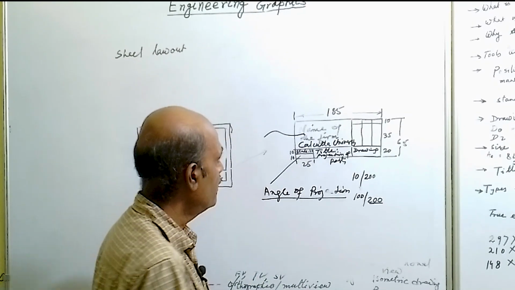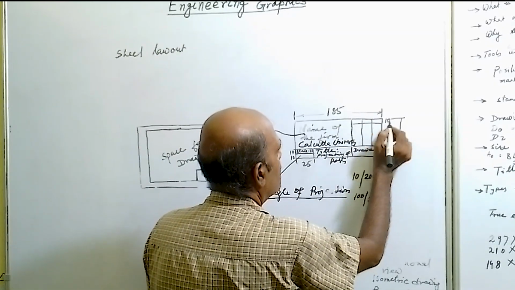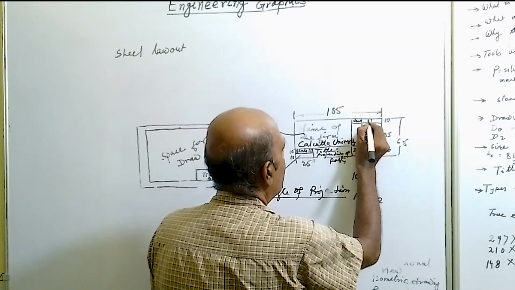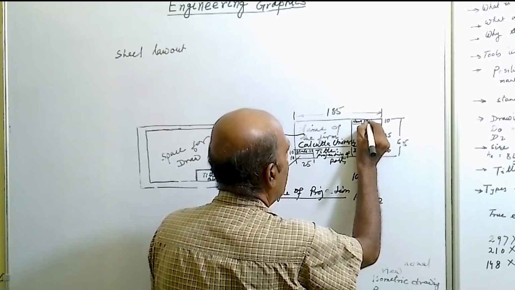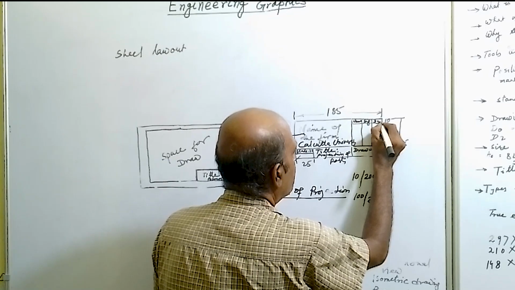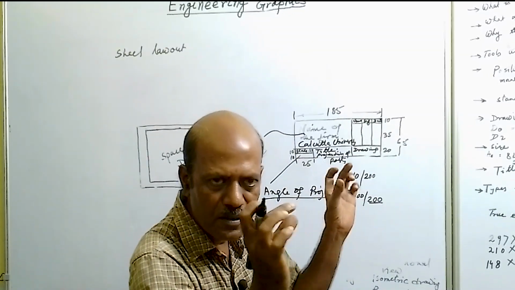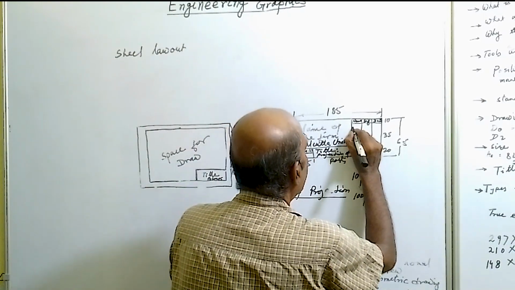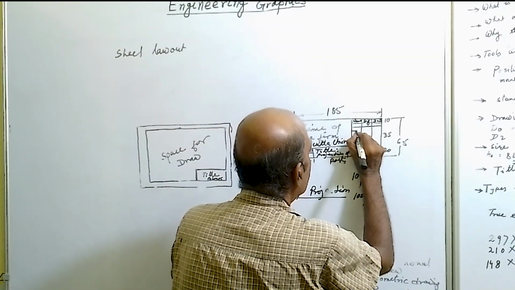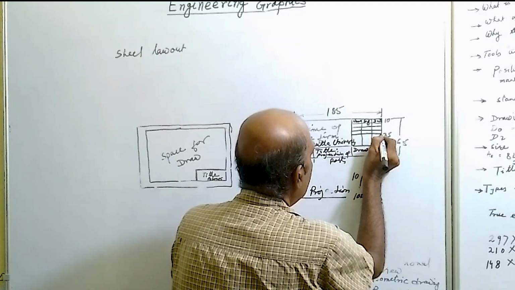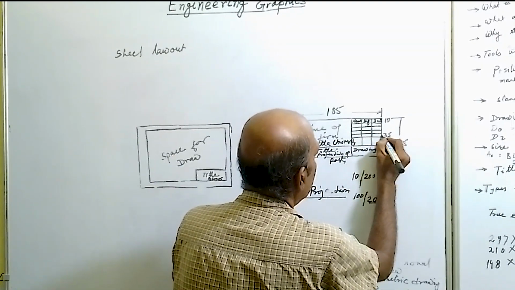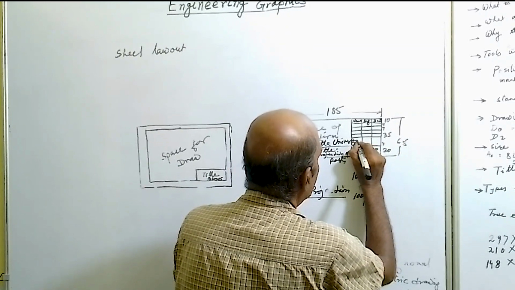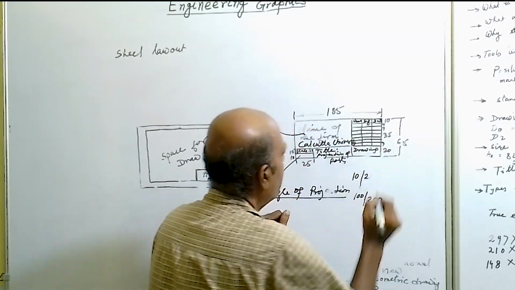Now, in this we will write name, signature, and here it will be date. The space is small, and it is divided into 7 divisions. Total 7 divisions, so 7 each, 7, 7, it will be total 35. Okay.